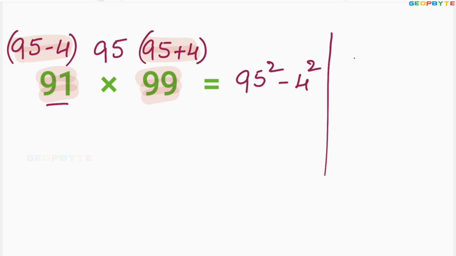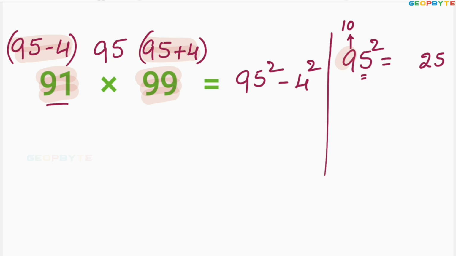Here again, square of the number with the last digit 5, 95 square. In that case, you first square this value, write that one. You multiply the second digit with the next higher number, that is 10.